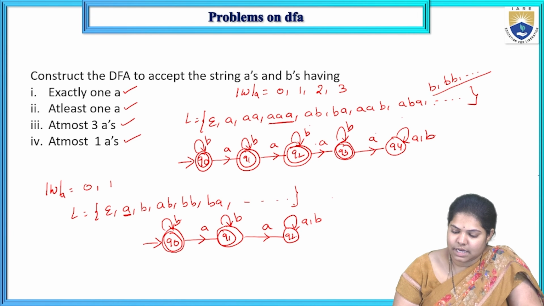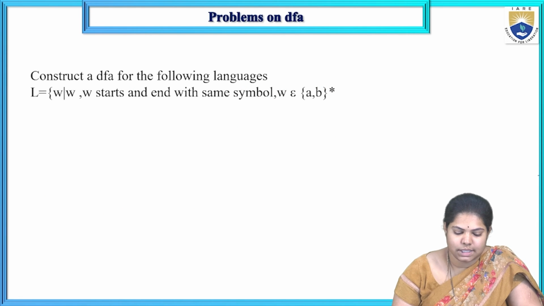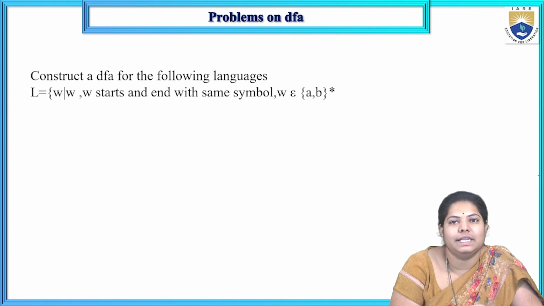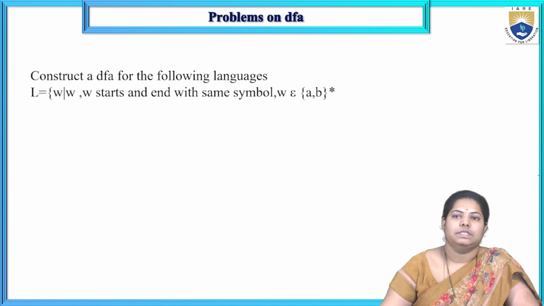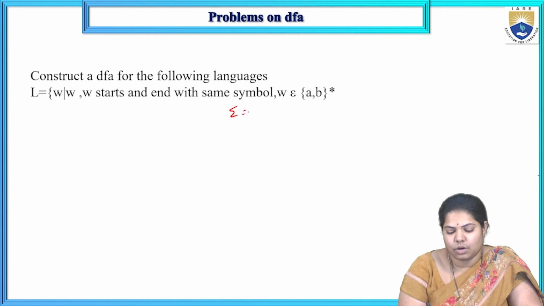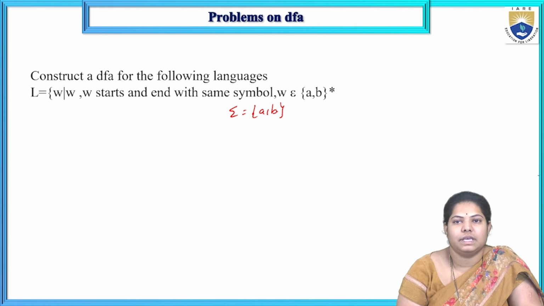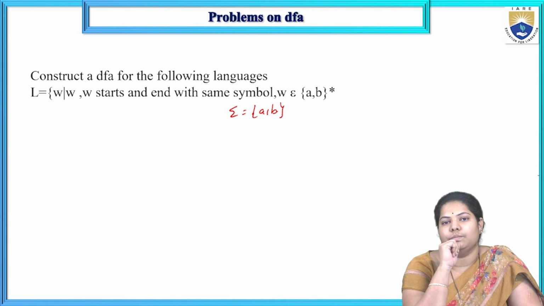Okay, the next type of questions that we are going to learn is when a string starts and ends with the same symbol. So if I have input symbols A, comma B, and the question is when a string starts and ends with the same symbol, we have two options.